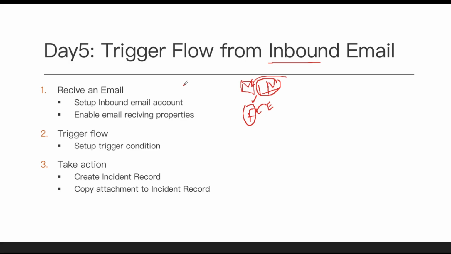Before we talk about how we can initiate our flow from an inbound email, we should know how our inbound action normally works. The inbound action starts the moment you receive an email. Let's say that in ServiceNow you have received an email, and the moment you receive the email, there are a list of inbound actions, like 4, 5 or 10, 12 inbound actions.